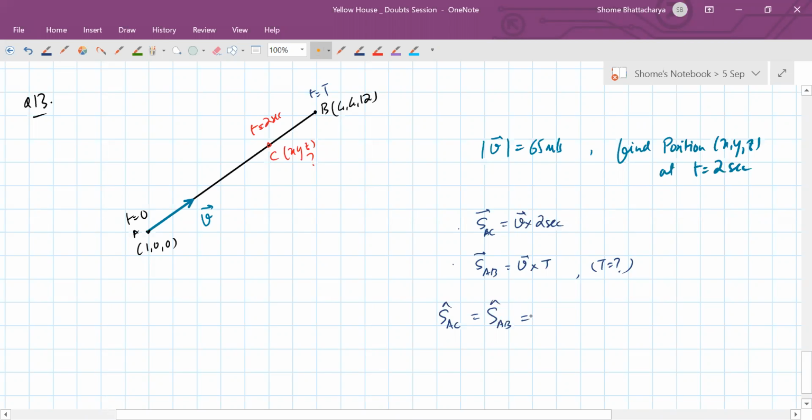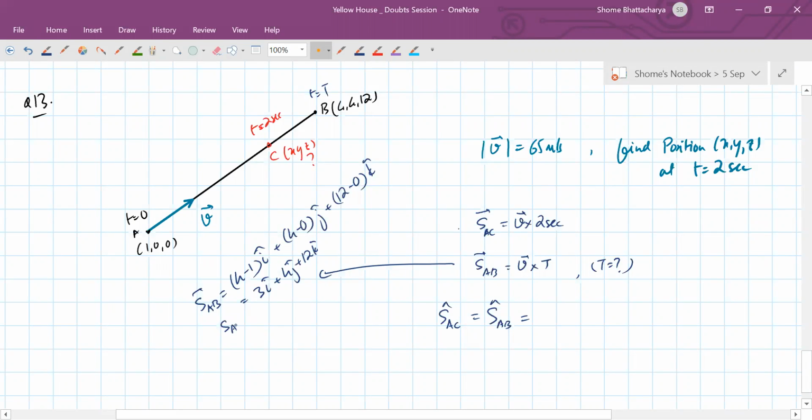Okay. And now you can also see this displacement A to B is a very easy displacement to calculate. It is nothing but (4 minus 1) i cap plus (4 minus 0) j cap plus (12 minus 0) k cap. So it is nothing but 3 i cap plus 4 j cap plus 12 k cap.